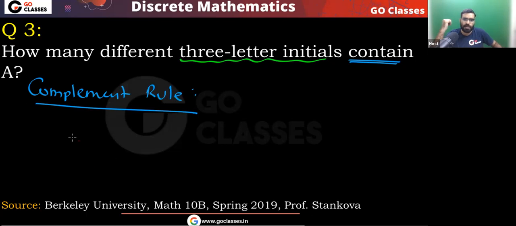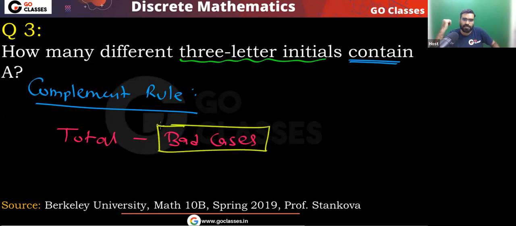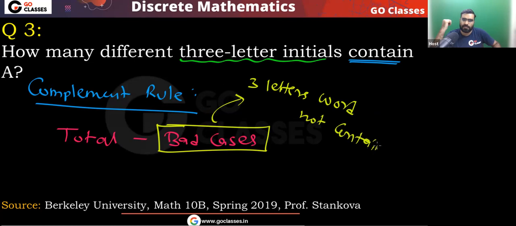What you can do? From total, you can remove the bad cases, the undesired cases. And what are the bad cases here? Bad cases means do not contain A. Three-letter words not containing A. So tell me, what is the total?